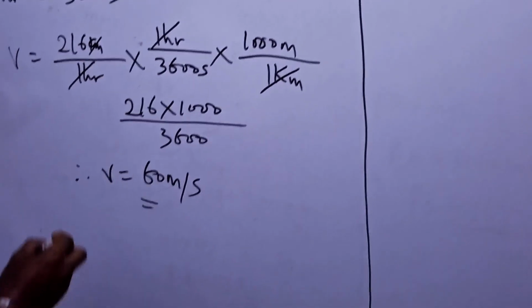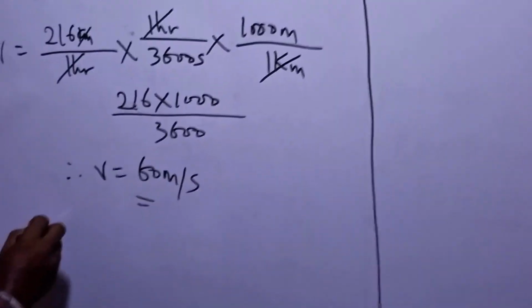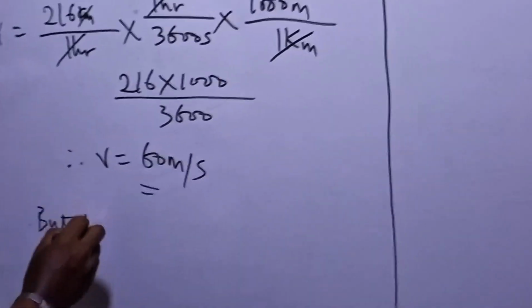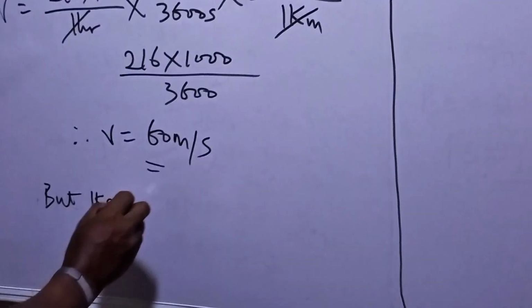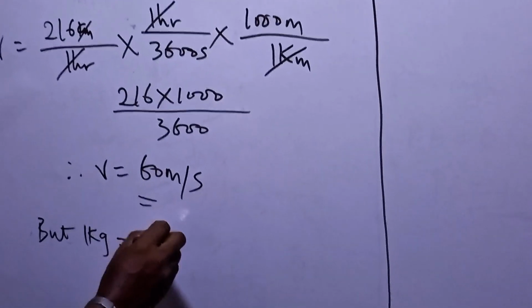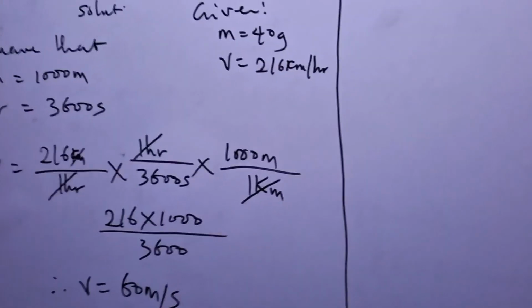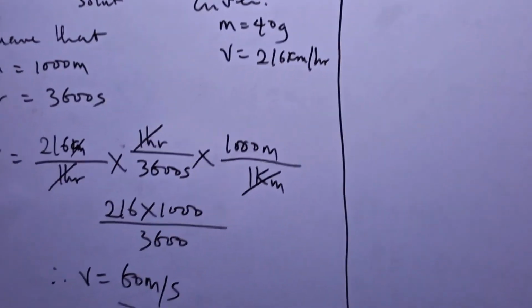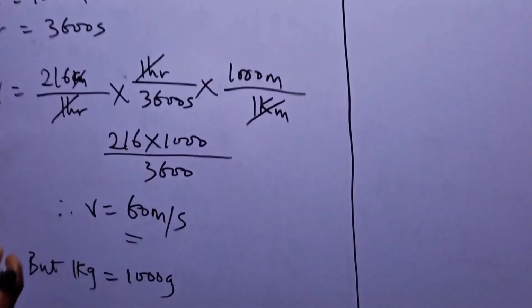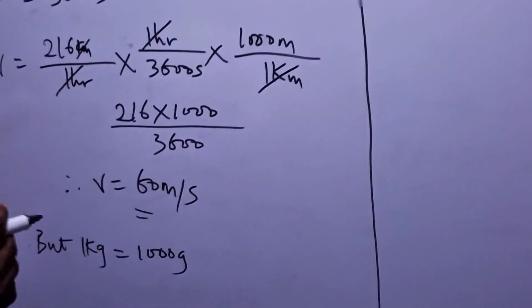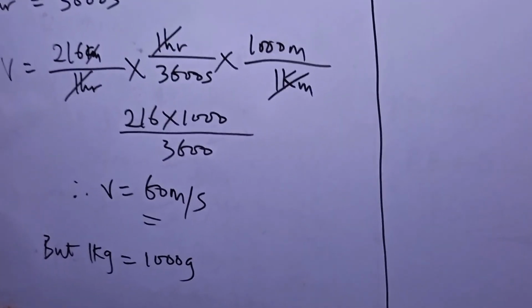But then we also have that 1 kg is equal to 1000 grams. Remember, the mass in the question is in grams, 40 gram. It has to be broken down in a way that it will be in kilograms.